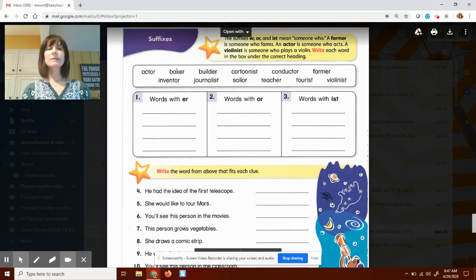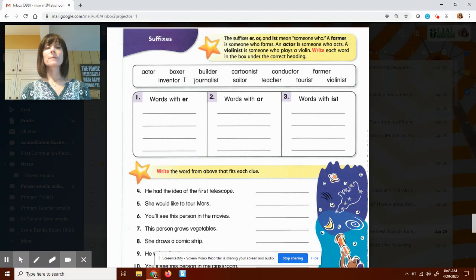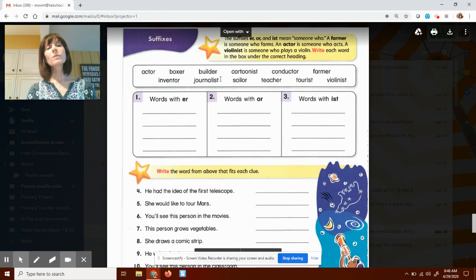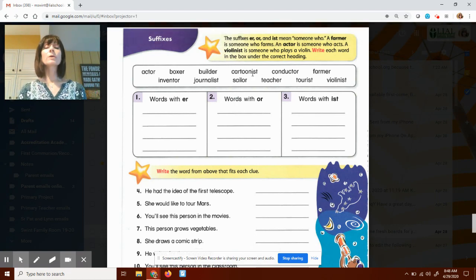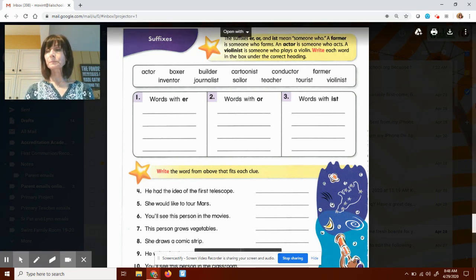Actor, boxer, builder, cartoonist, conductor, farmer, inventor, journalist, sailor, teacher, tourist, violinist. I believe you know what all of those words are. If not, you can use a dictionary. A cartoonist, you know what a cartoon is. A cartoonist would be one who works and creates cartoons.